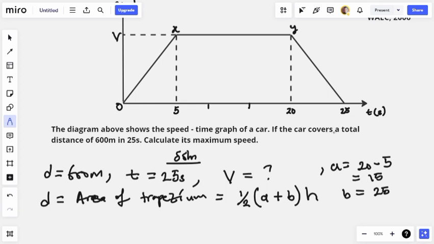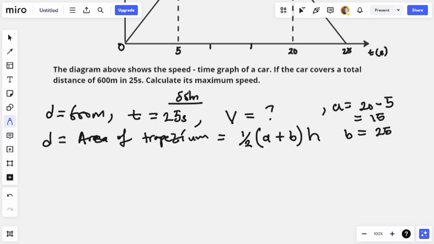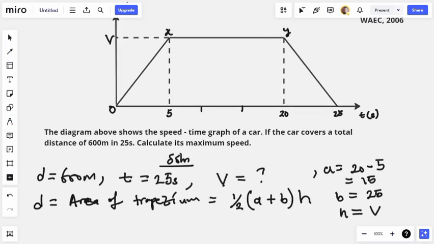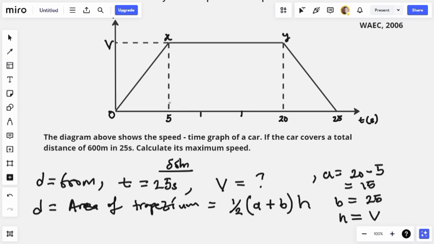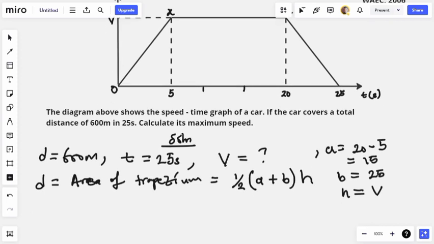So having gotten that, let's proceed to find our v. Now, this h here is what? The velocity. The h here represents the velocity. That's height. When you talk about the height of the trapezium from here to here, according to this graph, it is represented by velocity.